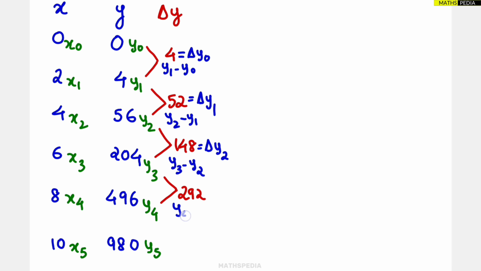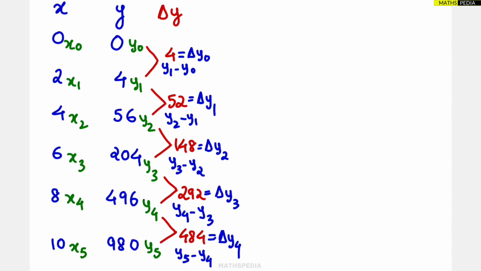This will be y4 minus y3, and it is called delta y3. 980 minus 496 will be 484, and this one will be y5 minus y4, and this is delta y4. Done. Now this is the first column we have calculated.